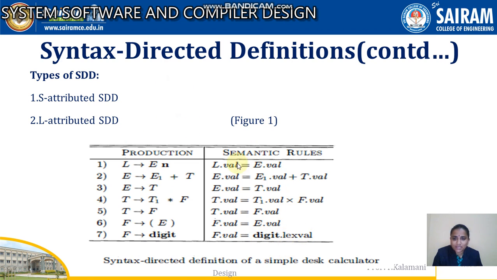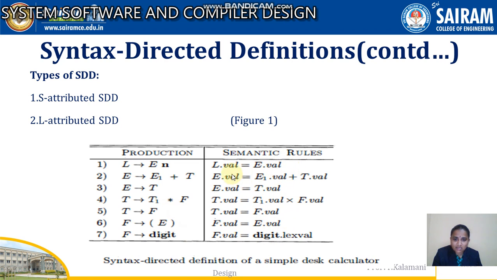The production is L defines E N, where N is the input right-end marker, the end of the input. So L.val equals E.val. Then E.val is defined as E1.val plus T.val. That is the val attribute.